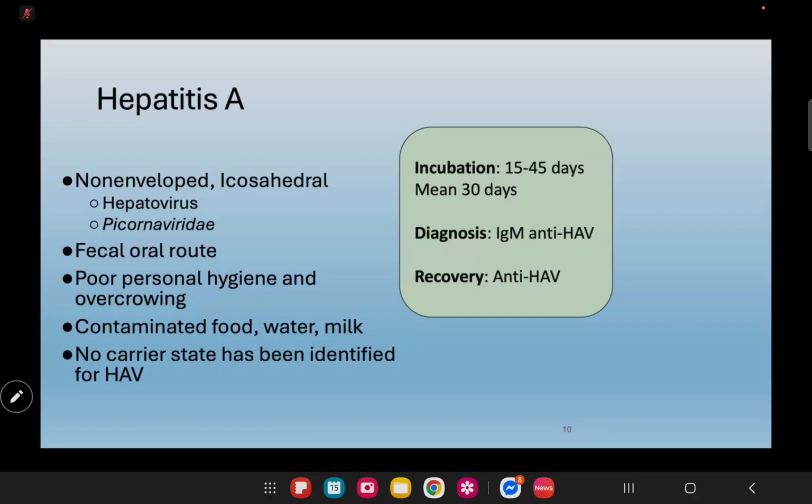So if you suspect someone with hepatitis A and you really want to diagnose, you better order the IgM anti-HAV. Do not order IgG, because IgG is the past infection. An acute infection is positive when there is detected IgM anti-HAV. IgM is recent, while IgG is past or already with recovery.